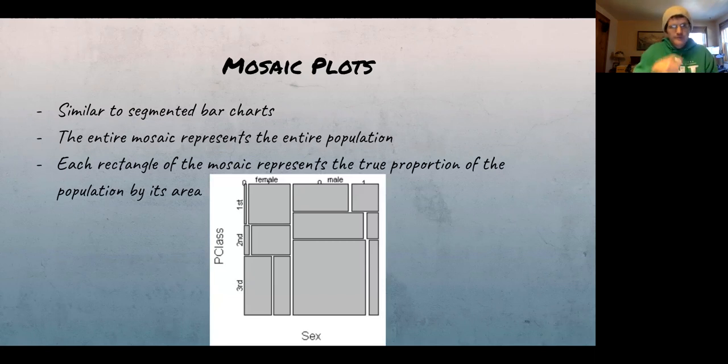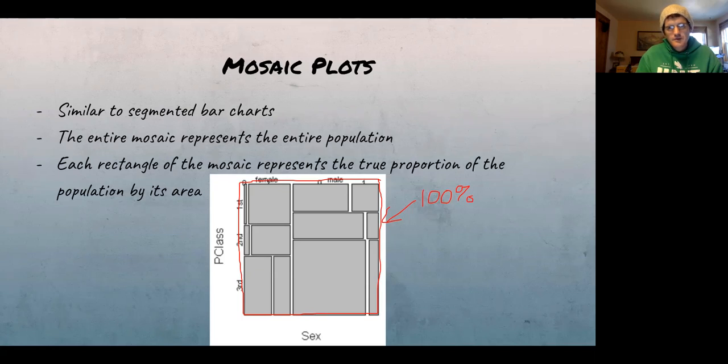So the entire area here, this is a big square, right? And this represents 100% of the population. And this happens to be Titanic, people who survived and people who didn't survive.